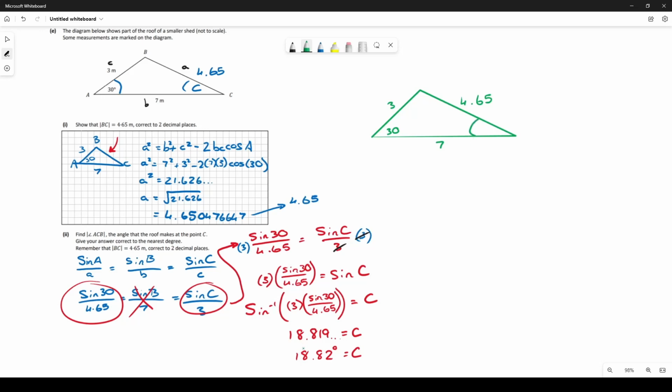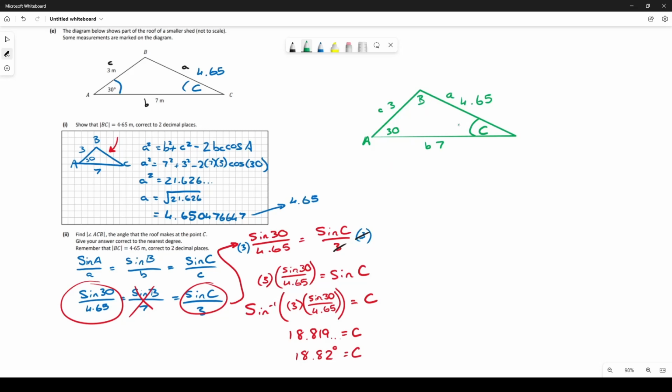Now we know C is 18.82, but I'm going to pretend we don't know it, and we're going to go at it using the cosine rule. And I know I said that if you have a matching pair, use the sine rule. That's what you need to stick with. I just happen to notice that this also works with the cosine rule in a way that I wanted to. And this would still be C and capital A, I guess, and A and B and B.